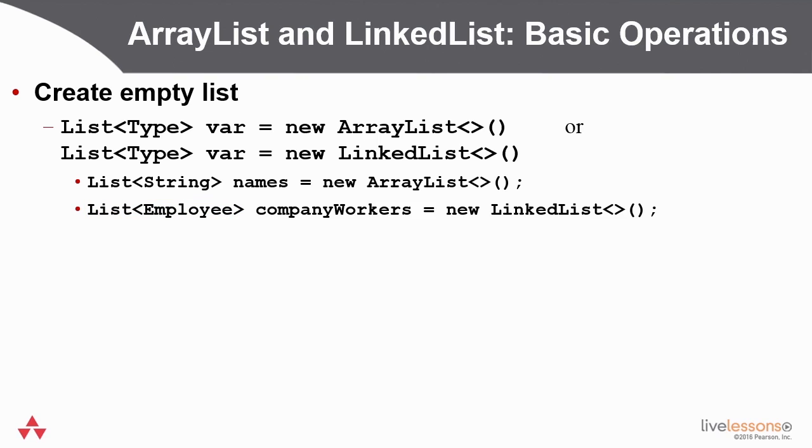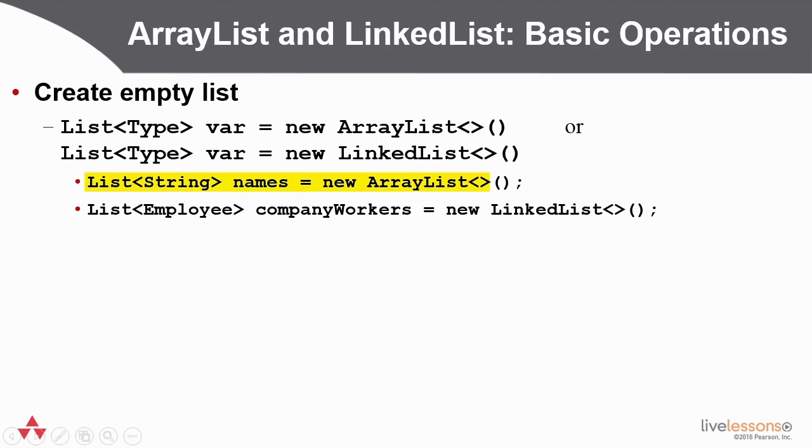All right, so the first point is you use the interface type list. The second point is these element types in angle brackets. And the third point is this funny empty set of angle brackets here. So in Java 6 and earlier, you had to repeat the type there. You would have had to say list that can contain strings names equals new array list, and then in angle brackets you'd put string.